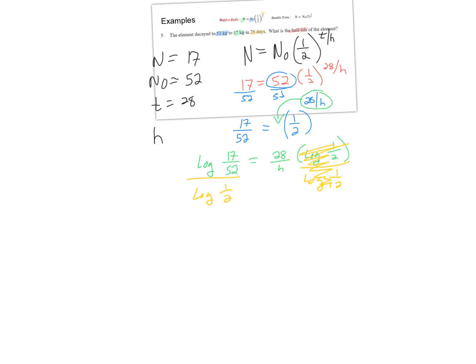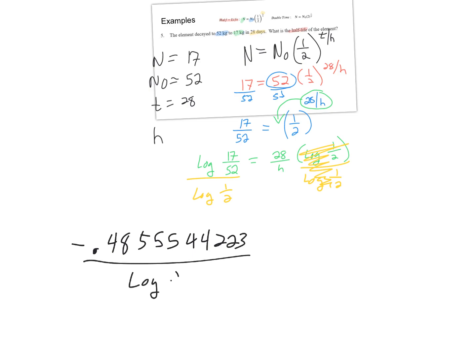Again, if you have a calculator where you have to do 17 divided by 52 first and then hit the log, either way you should get this, negative 0.48555442223 divided by log 1 divided by 2 is equal to 28 over H.